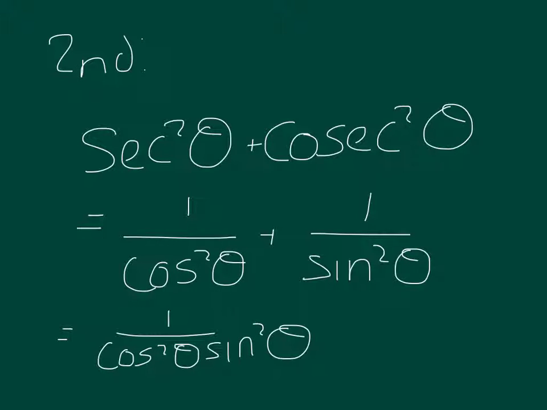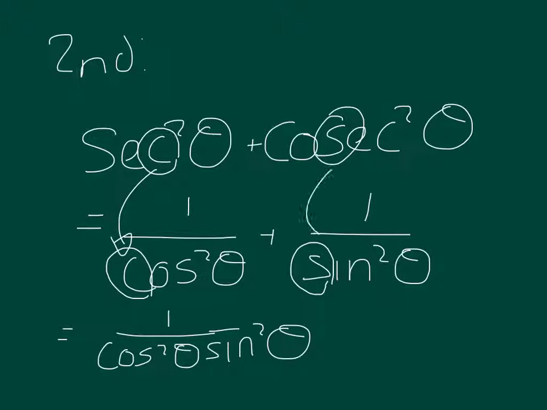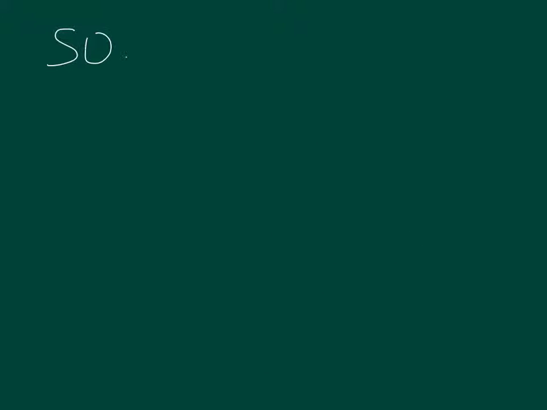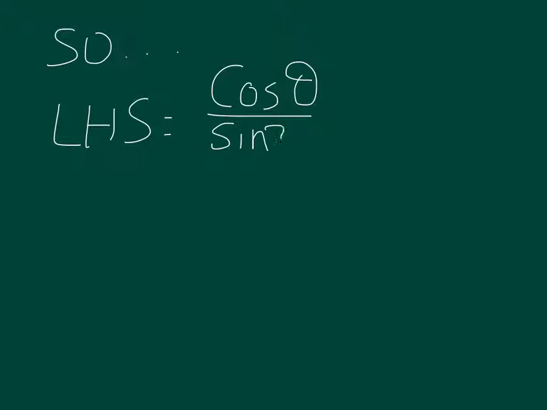A good way to remember which one's sec and which one's cosec is that the third letter relates to the first letter of the inverse of it. So the left-hand side equals cos theta over sine squared theta divided by 1 over cos squared theta sine squared theta.